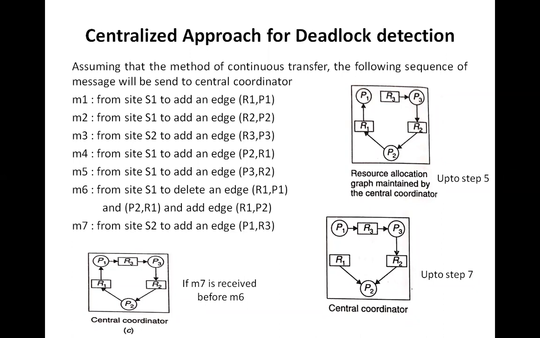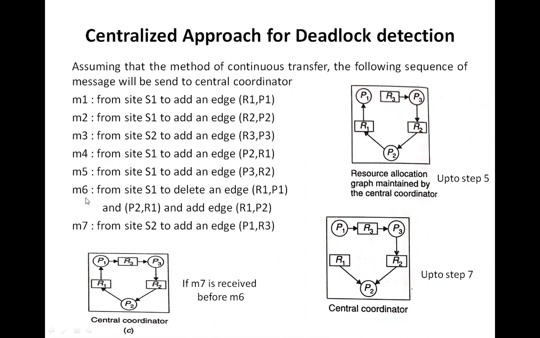In this particular example, message M7, which is from the site S2 to the central coordinator, is caused by the request from the site S1. And message M7 will have a later timestamp than M6, if we are able to provide the timestamp for all the messages.